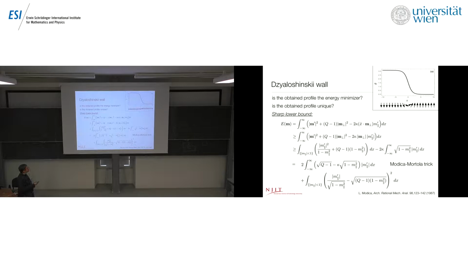And it's quite remarkable that in the case of the energy that I just presented to you, such an analysis can be carried out. And the computation is actually quite straightforward. You start with the energy, and the first thing you do is you integrate by parts in one of the terms in the DMI, and you obtain the energy that looks like this.